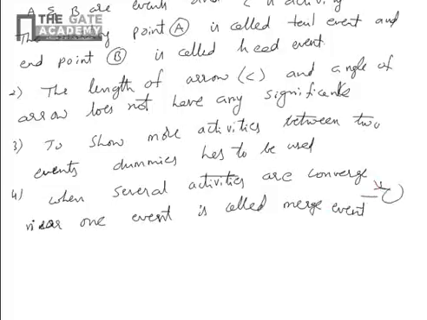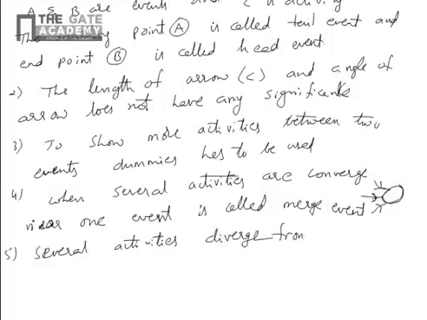So there are different activities coming in and merging. It is called a merge event. When several activities diverge from an event, it is called a burst event.